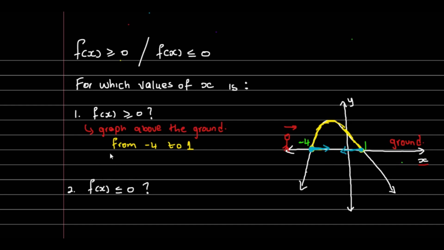So your answer should be x must be less than or equal to 1, and then x must be greater or equal to -4, and this will be your answer. That's how you answer this question. Easy, right?